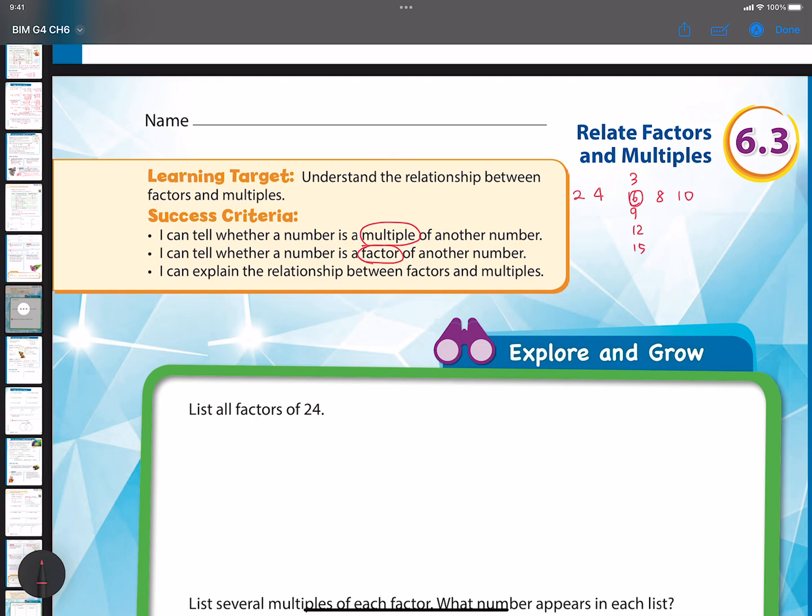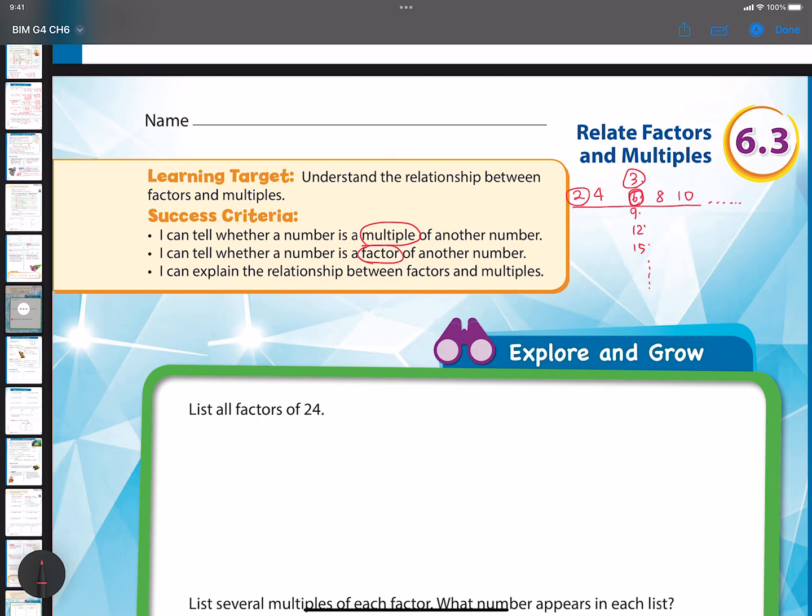So the sixth one, like here, 6. 6 is a multiple. 6 is a product of two factors, which is 2 times 3. And multiples of 2 are 2, 4, 6, 8, 10, continue. And multiples of 3 are 3, 6, 9, 12, 15, continue. You see the difference?